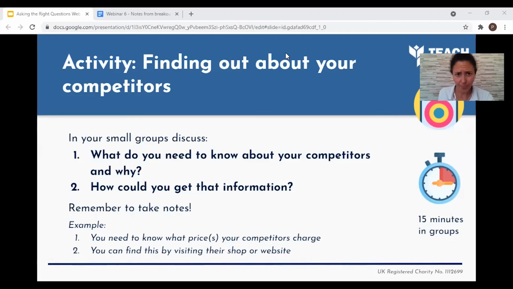Okay. So me and my group, what we have discussed about what we need to know: we have pointed out that we need to know about our competitors, about the pricing of their product.